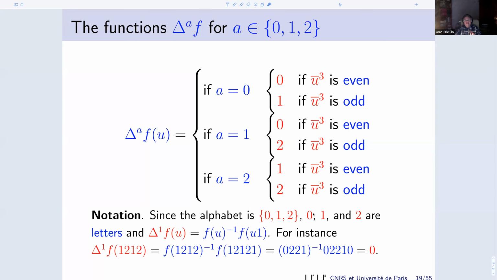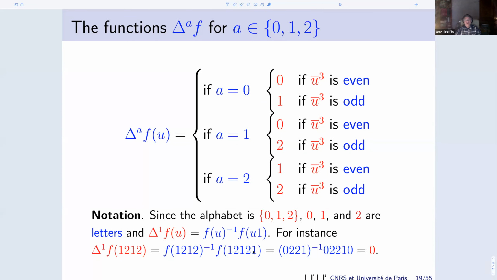Okay, so let me verify this on one example. Let's take the letter 1, so delta 1 of f of u. If you remember, this is f of u inverse, f of u1. And if we take u to be the word 1, 2, 1, 2, we get f of 1, 2, 1, 2 inverse, f of 1, 2, 1, 2, 1.